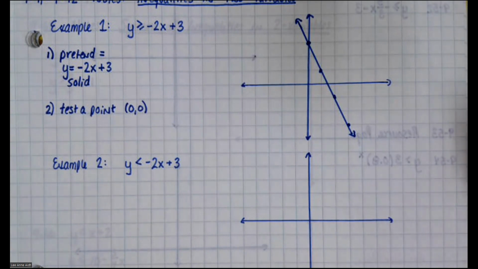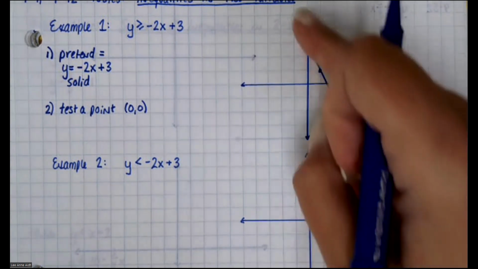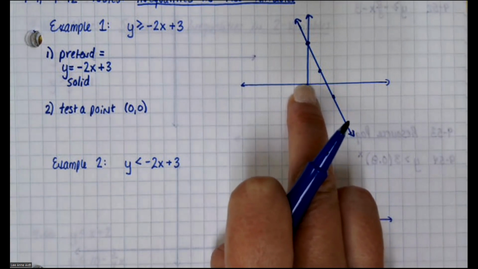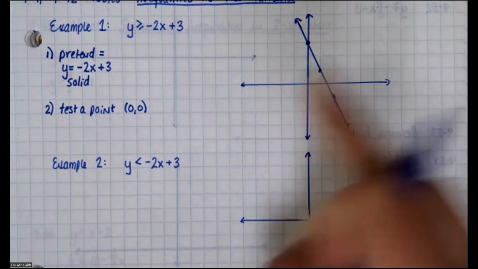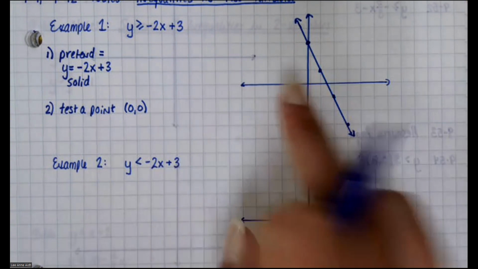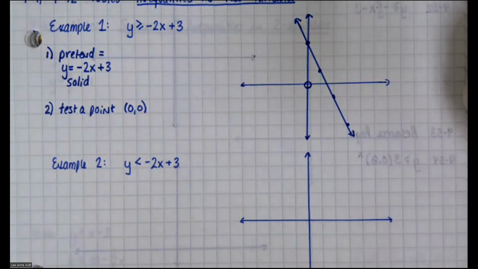Yes. Yeah, okay. So if my line happens to go through the origin, if it goes through 0, 0, I can't use it because I won't know if I should shade on either side of it. So I can test 0, 0 right now because it's not a solution. It's not on the line.